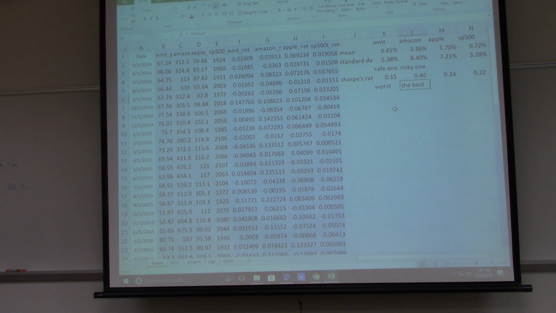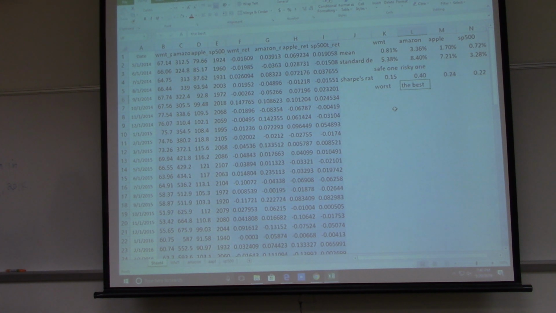Okay, so you want to control for standard deviation and see how much returns you can get. So Amazon, in fact, among the 3 stocks is the best one. Walmart is the worst one. The risk is comparatively too high for the kind of returns investors can get. So you use the mean and divide it by standard deviation to give you a ratio.